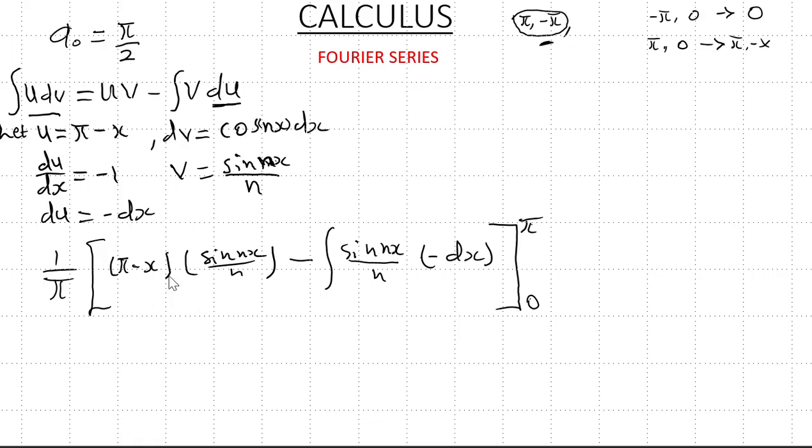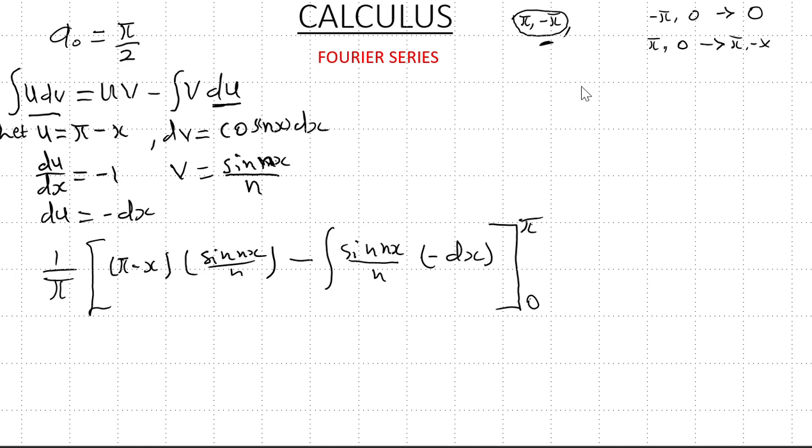Now what we are going to do next is simplify this, because the integral of sine nx over n is not yet simplified. Since we have the integral sign, it means that this is not really complete, so we need to complete it. Let's solve that here and bring it inside.